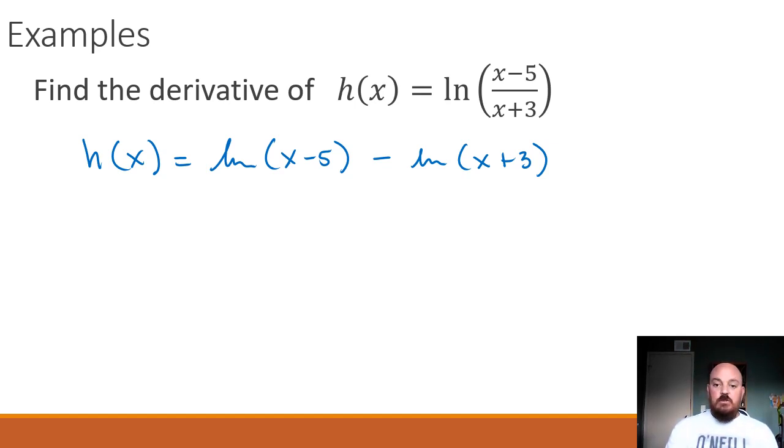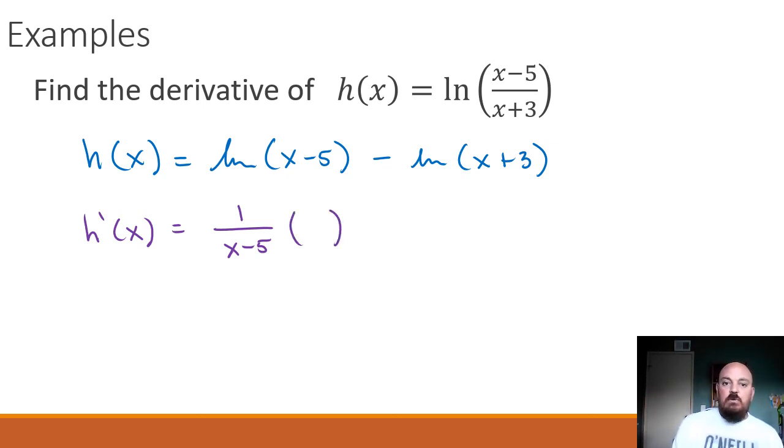Now when I go to take the derivative, h prime, there's kind of a chain rule, but the chain rule is just going to be multiplying by 1. You see how much easier these are? The derivative of the natural log of x minus 5 is 1 over x minus 5. And if you want to, you could say I do the chain rule and multiply by the derivative of x minus 5, but that's just 1.